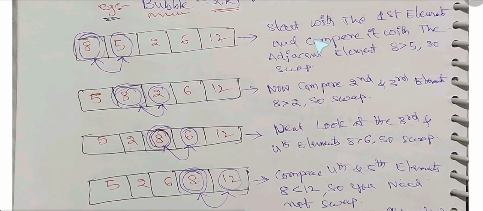Here the explanation is given. Sort the first element and compare it with the adjacent. Adjacent means side element. 8 is greater than 5, so swap, interchange. Swap means interchange. See here, this means interchanging the elements.